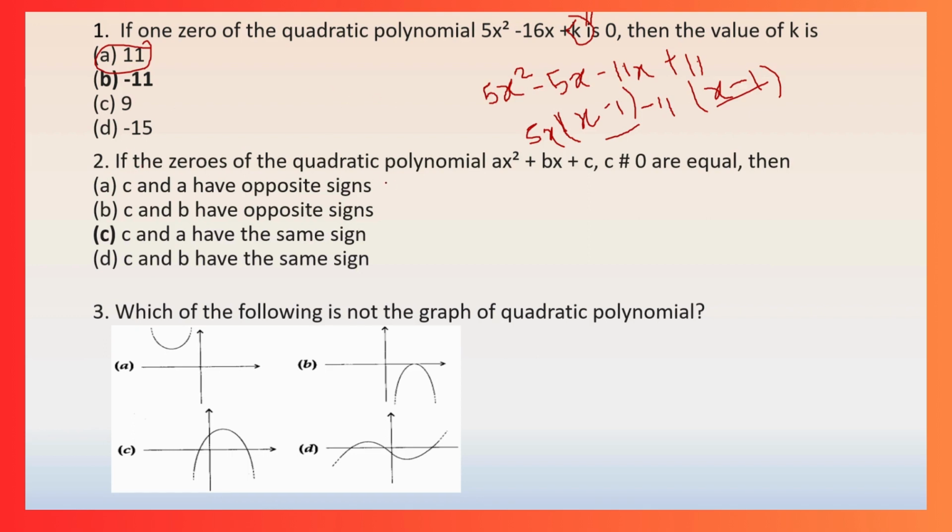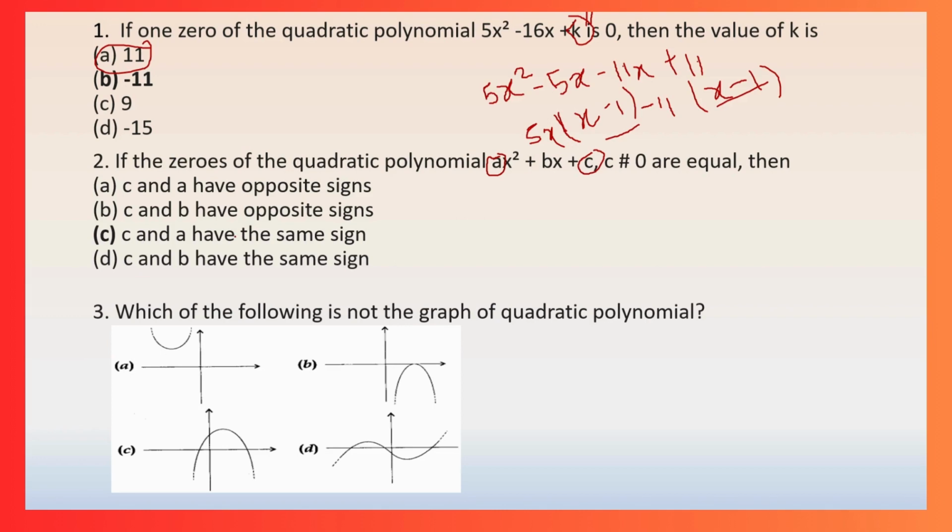If the zeros of the quadratic polynomial ax square plus bx plus c, where c is not equal to 0, are such that, in this case, the signs of a and c are always the same.